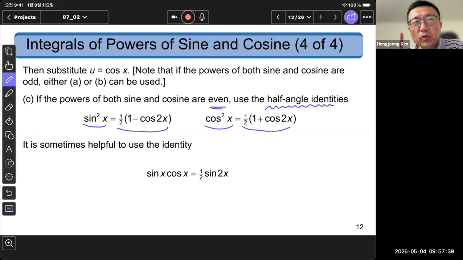So why do I do this? We can reduce the power of sine and cosine to a single one. We have only cosine 2x. Even though the angle is doubled, the power of sine or cosine will be reduced by half.